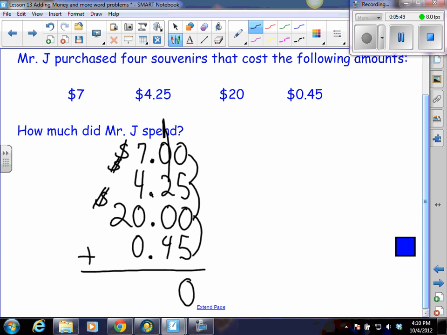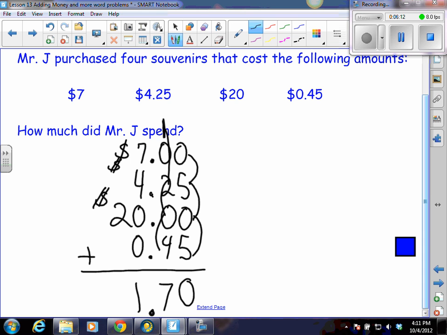1 plus 0 is 1. 1 plus 2 is 3. 3 plus 0 is 3. And then 3 plus 4 is 7. Our decimal goes straight down. And then 7 plus 4 gives us 11 plus 0, 0.